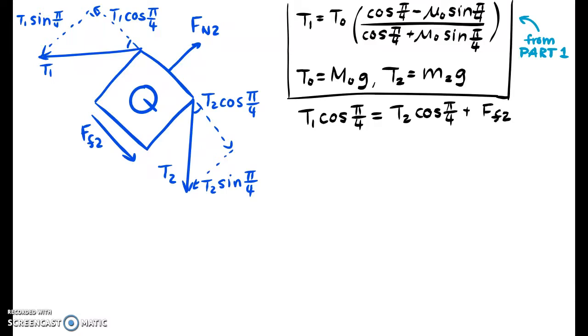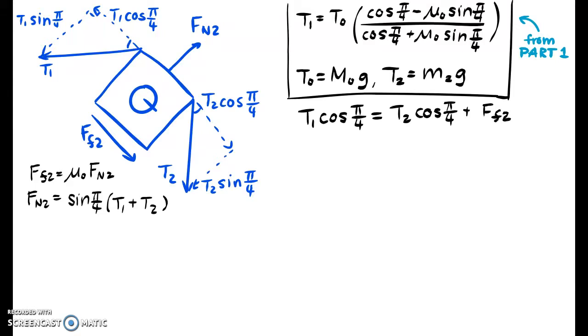Now the force of friction, as before, is equal to mu0 times the normal force. And we noted that the normal force was equal to the sum of the components of T1 and T2 that were perpendicular to the slanted surface. Namely, we have sine of pi over 4, which we can factor out since they have it in common, times T1 plus T2.